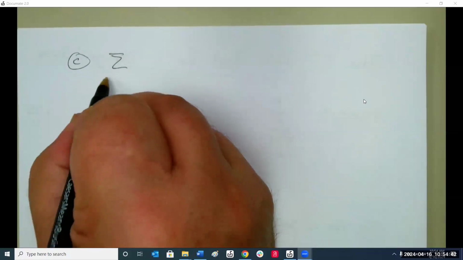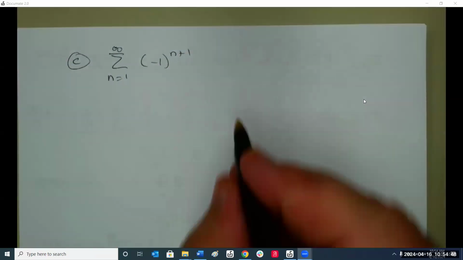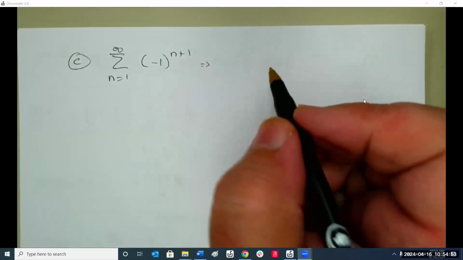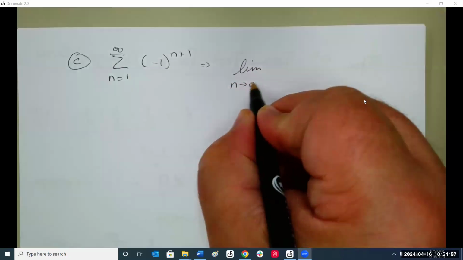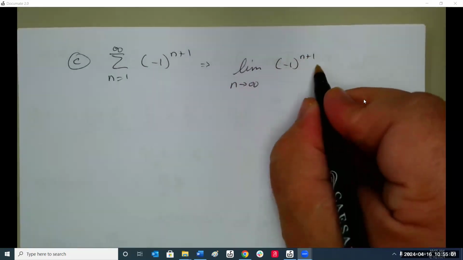We'll look at C. The summation as n equals 1 to infinity of (-1)^(n+1). So we'll look at the limit as n approaches infinity of (-1)^(n+1).